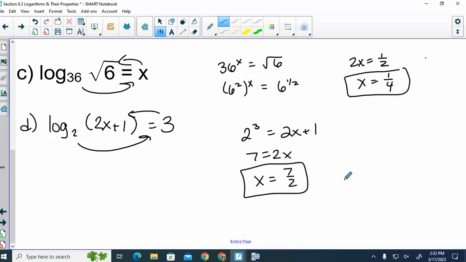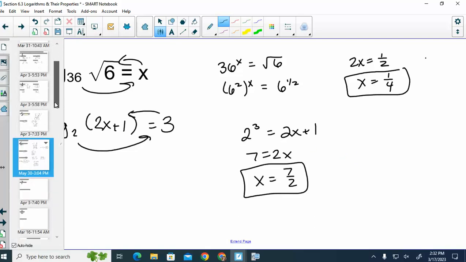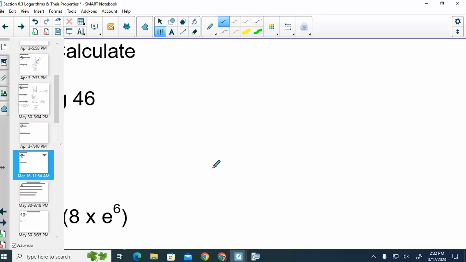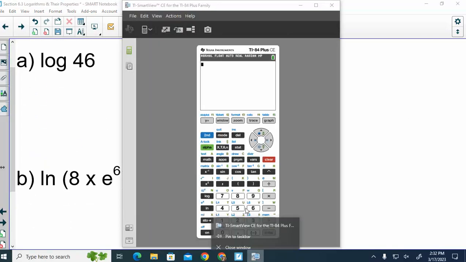Alright. So I wanted to talk briefly about your calculator. If you take a look, there are log buttons that we can use. On the left-hand side above your on button, you have a log and we have an ln button.